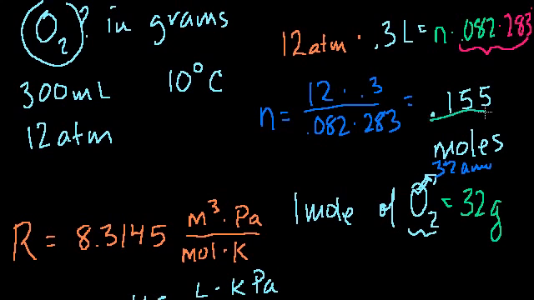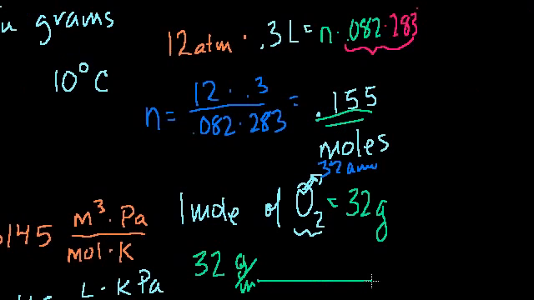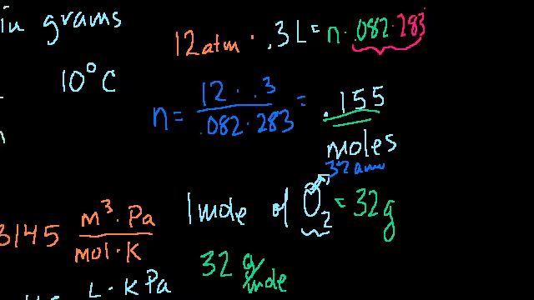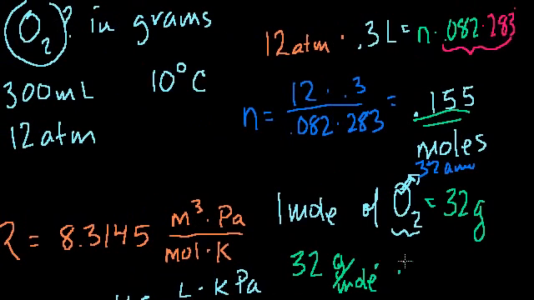We have 0.155 moles. So to figure out how many grams we have, we multiply 32 grams per mole times 0.155 moles, and we'll get our answer.